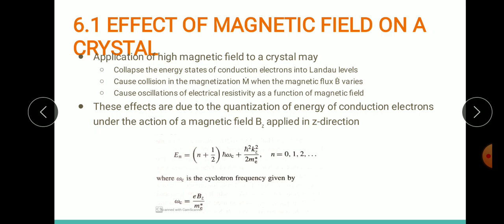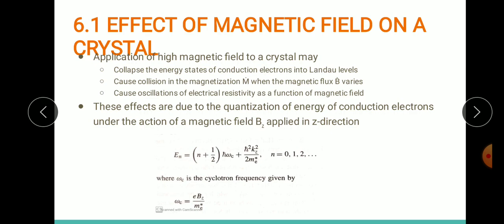Now, these effects are basically due to the quantization of energy of conduction electrons. That's what we mentioned about Landau levels. So what happens is the energy level of the conduction electrons gets quantized into sub-energy levels, En. When n equals 1, you have your energy level E1, n equals 2, you have E2.